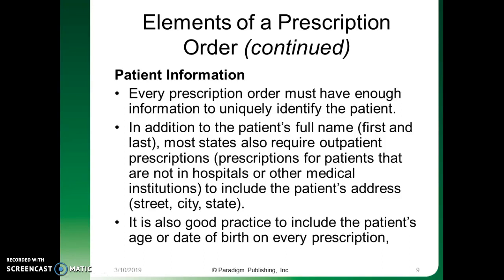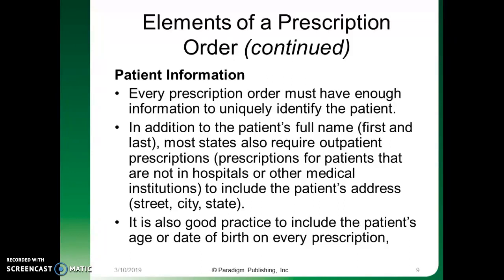So, patient information. Every prescription order must have enough information to identify that patient. In addition to the patient's full name, first and last name, most states also require outpatient prescriptions to include the patient's address, so their street, city, and state. It is also good practice to include the patient's age or date of birth on every medication.